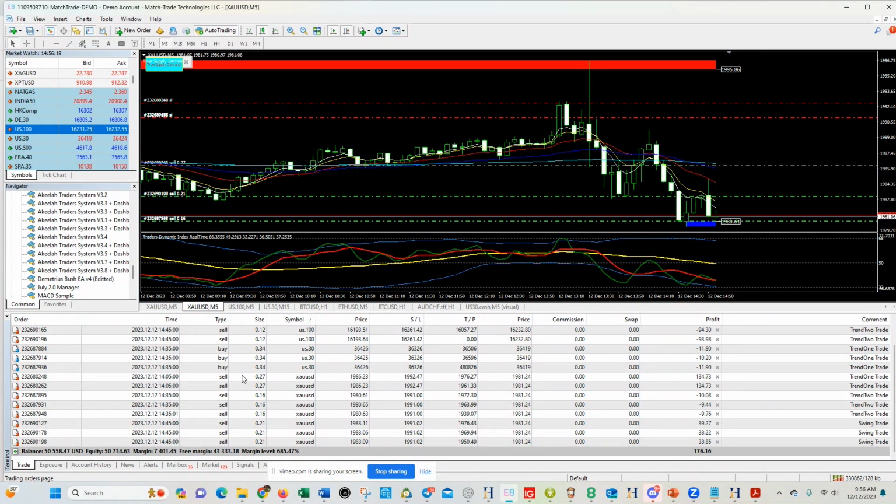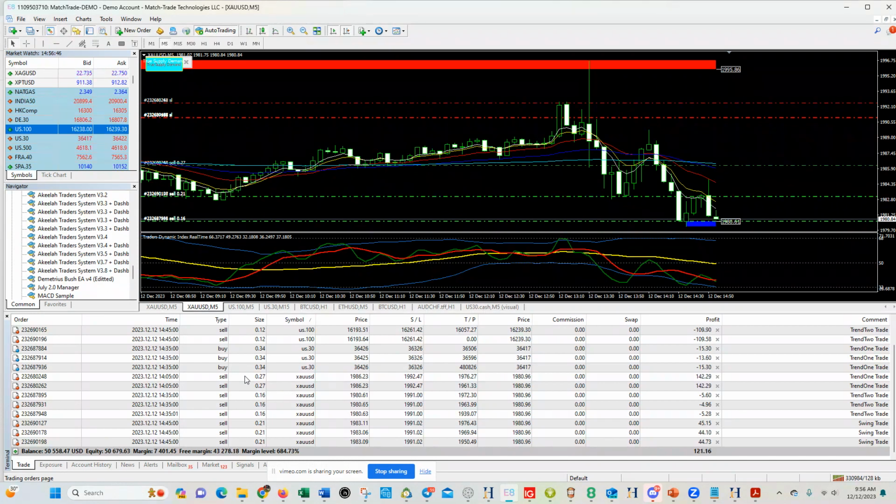So our goal is to get this account to $55,000, while keeping within the constraints of losing no more than 5%. So we cannot have a loss of more than $2,500 in a day, and I think it's 10% overall, so no more than $5,000 overall.